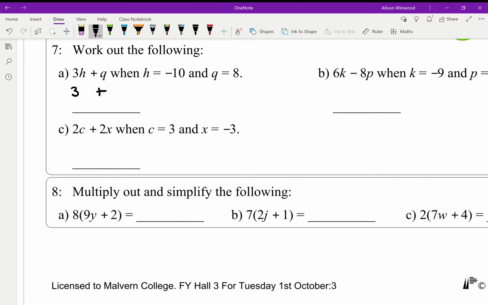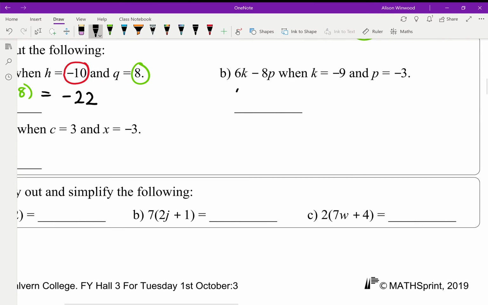I'm going to swap the letters for numbers, so the H for a negative 10 in brackets and the Q for 8. And if I put that exactly into my calculator, I get negative 22. K swap for negative 9.